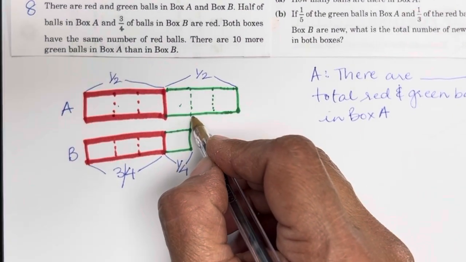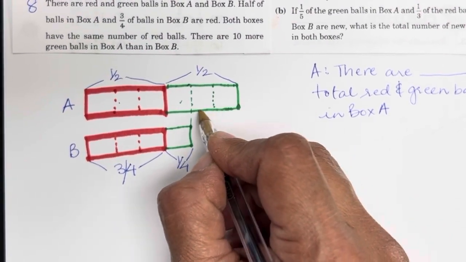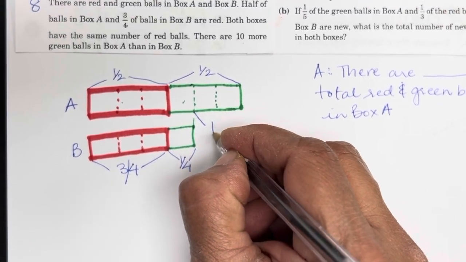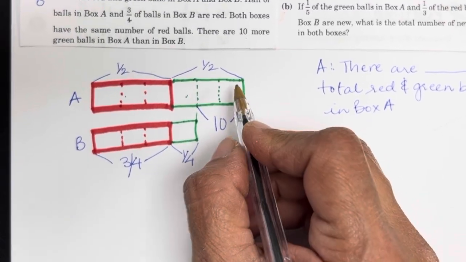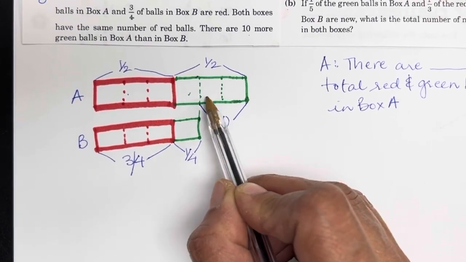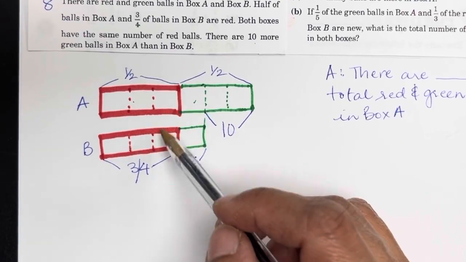And now I know that these 2 units will equal 10 green balls. So let's write that as 10, because box A has 10 more green balls. We can clearly see these are 10 extra compared to box B.